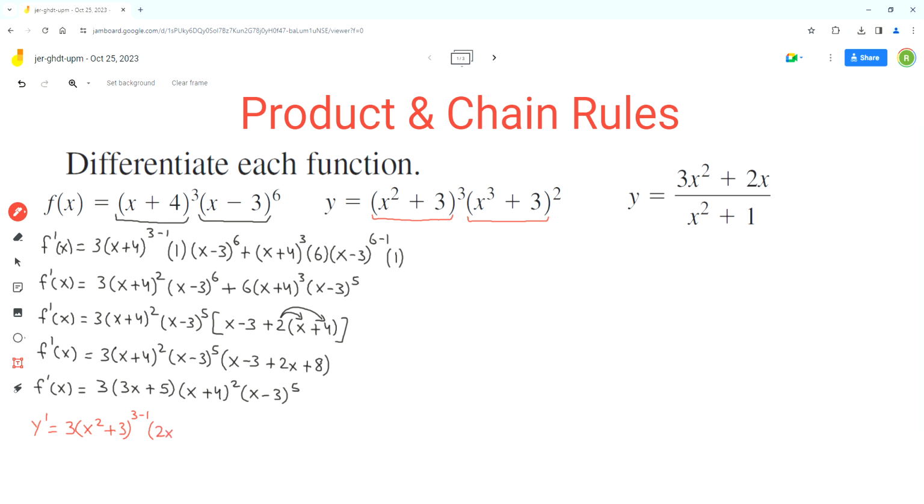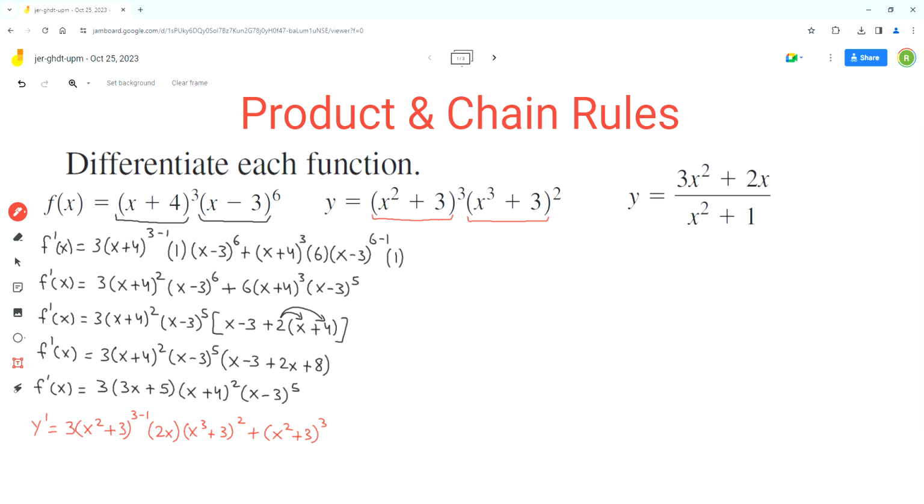So the derivative of x squared is 2x, and since 3 is a constant, its derivative will be equal to 0, times the second function, so (x cubed plus 3) squared, and then plus the first function (x squared plus 3) cubed times the derivative of the second function.